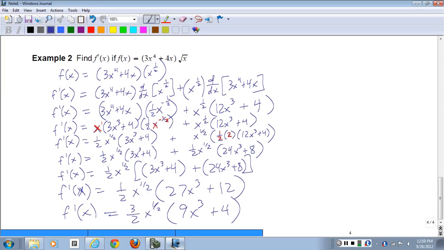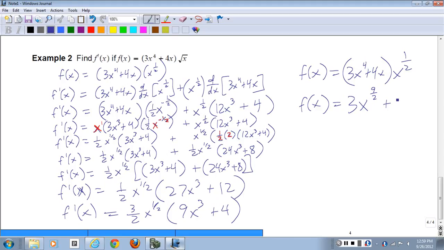How would this have gone had we just used the power rule? I'm thinking it wouldn't have taken as long. F of x equals 3x to the 4th plus 4x times x to the 1/2. F of x equals 3x to the 9 halves plus 4x to the 3 halves. So f prime of x, 9 halves times 3 is 27 halves. Subtract 1 from the 9 halves and you get 7 halves.